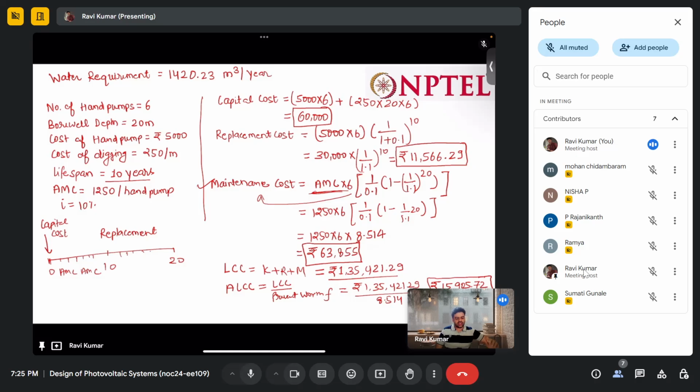and with this amount, this is the water which we are getting yearly. We have calculated ALCC because here we are calculating this yearly. Now what we will do, we will have unit cost of water.